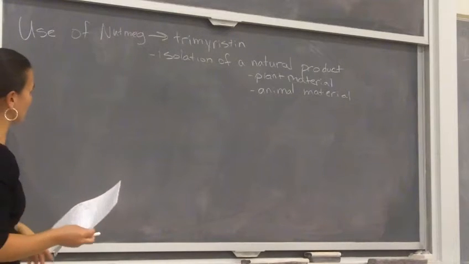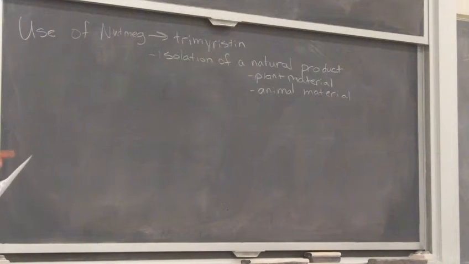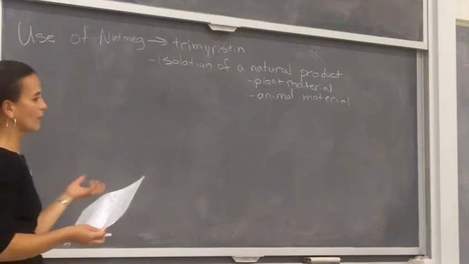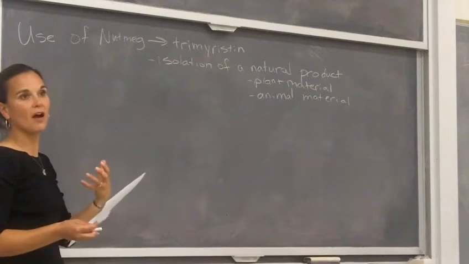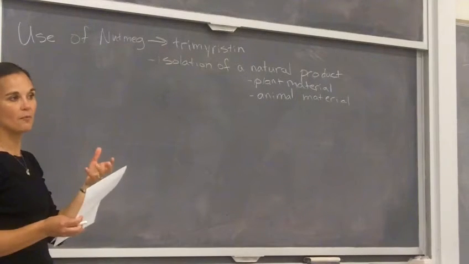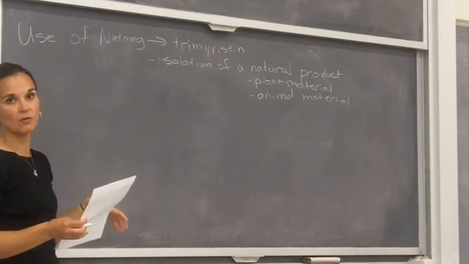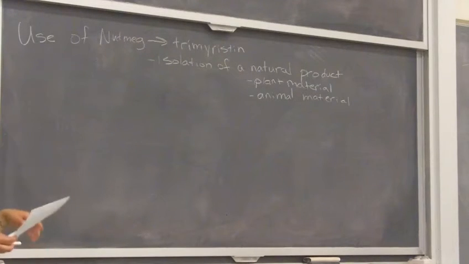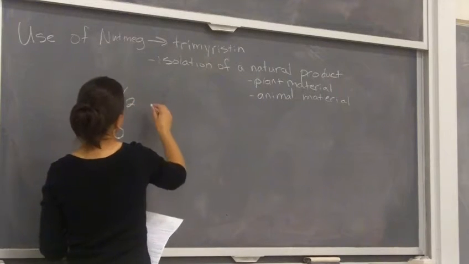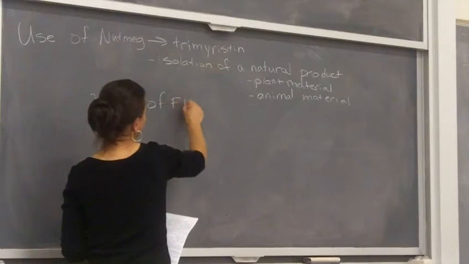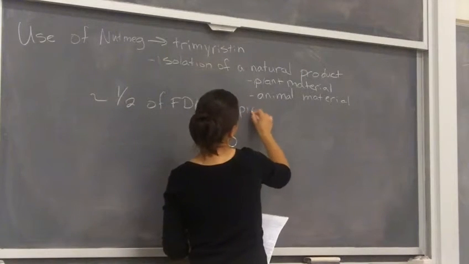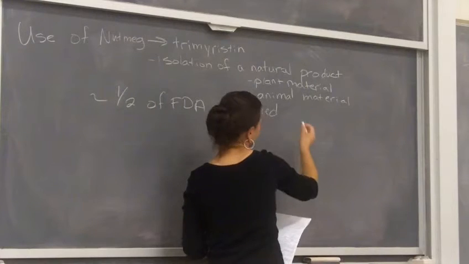But related to this, how this relates to things that happen in organic chemistry is a lot of things that we use, things that make us feel better as far as medicines, come from things that were derived from natural products, okay? So like about half of FDA approved drugs right now come somehow from origins of natural products.